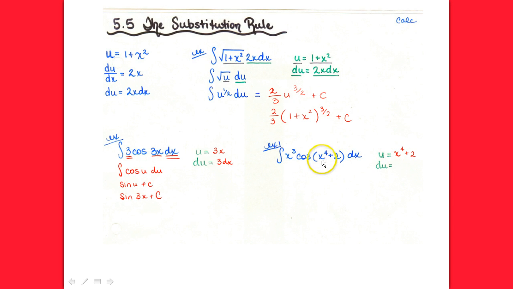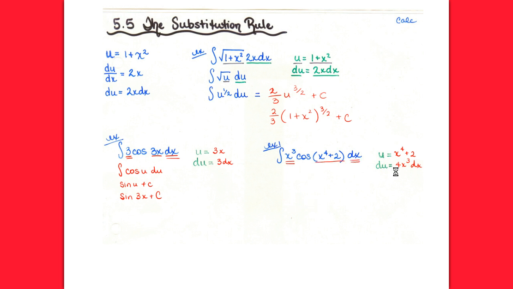If I replace this with a u, I have to put this in terms of du. So I need to go solve for the differential du. We said the derivative of x to the fourth plus 2 was 4x to the third. That was the derivative of u in terms of x. So to get the differential du by itself, we multiplied both sides by dx. And so that gave us du was 4x to the third dx.